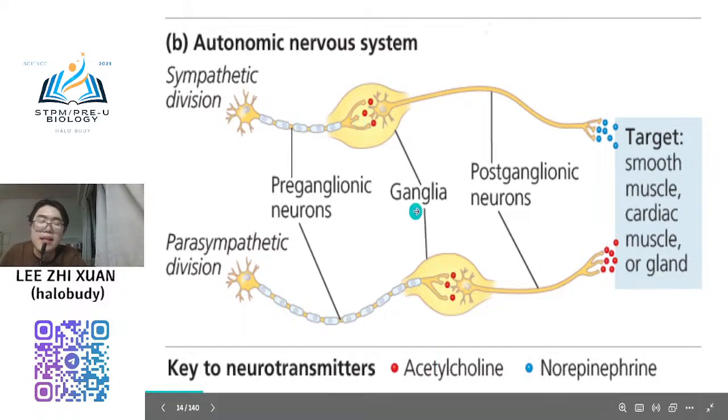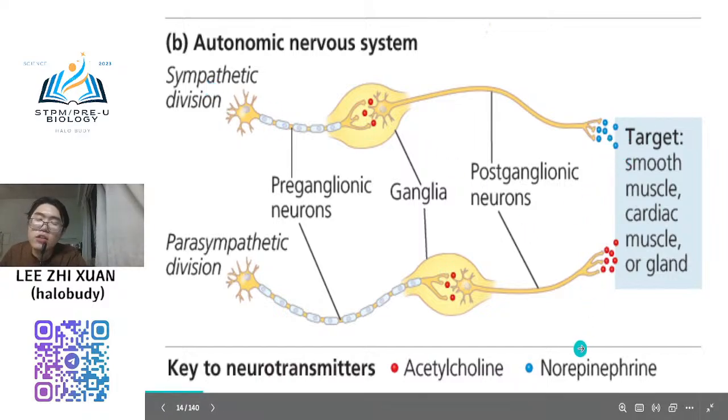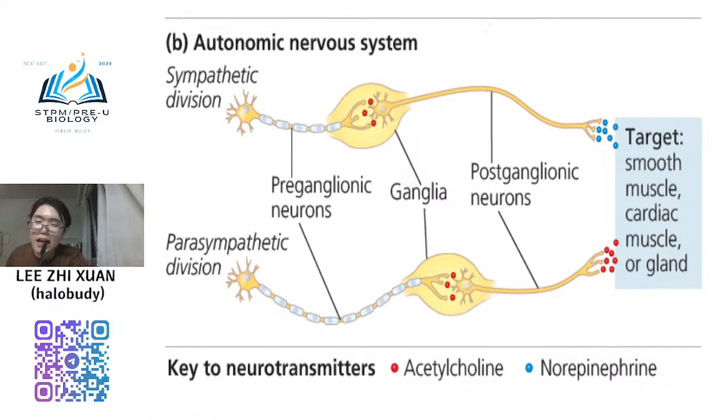Both of them release the same. But at the end of the system, the post-ganglionic neuron, the neurotransmitter released is different. For the sympathetic, the neurotransmitter released is norepinephrine, or another name we call noradrenaline. Noradrenaline is British style and norepinephrine is American style. But both of them are acceptable in exam.